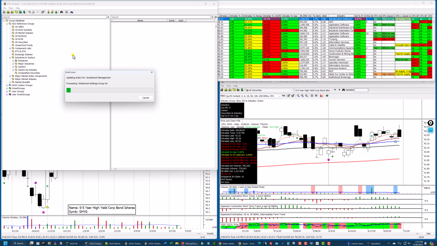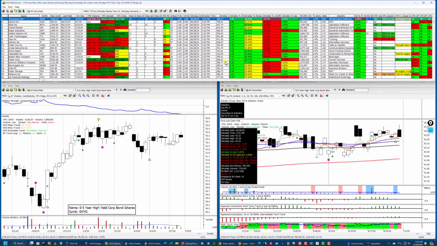I'm rebuilding the industries. I think I clicked on the wrong thing before, but you can see that the industry groups are being rebuilt right now.